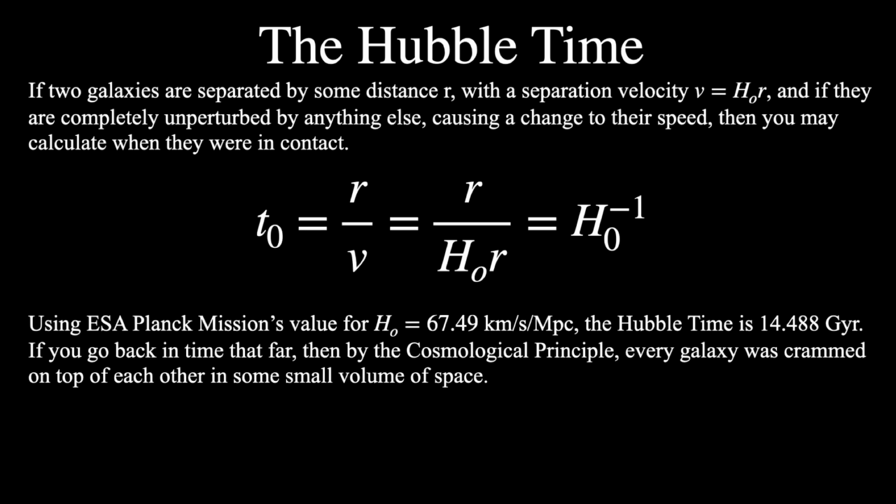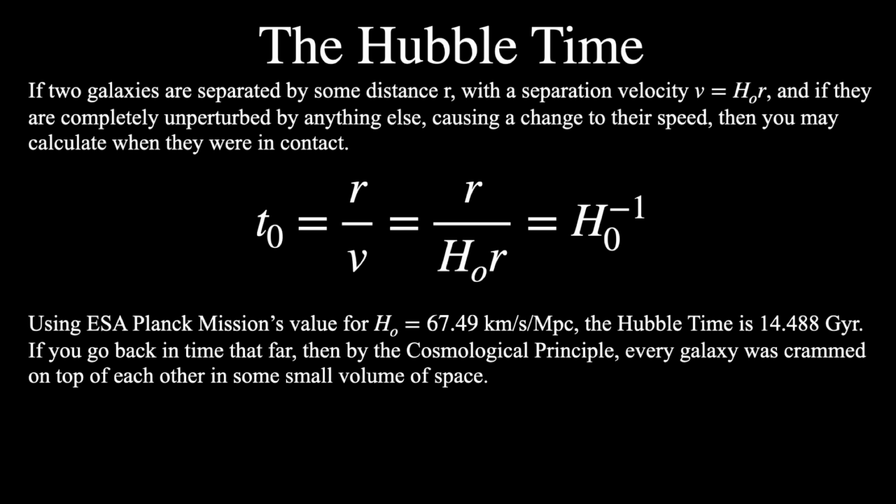But the really important thing about the Hubble time is that no matter what its value, it still has the same interpretation between the Cepheids and the cosmic microwave background measurements. If you go back in time a length of the Hubble time, by the cosmological principle, every galaxy that we see in every direction would be crammed on top of each other in some tiny volume of space. And so this is where Georges Lemaître had the idea of the primeval fireball or primeval atom.